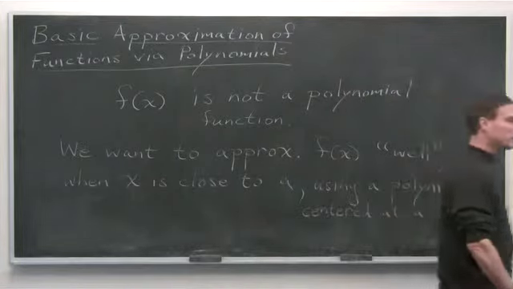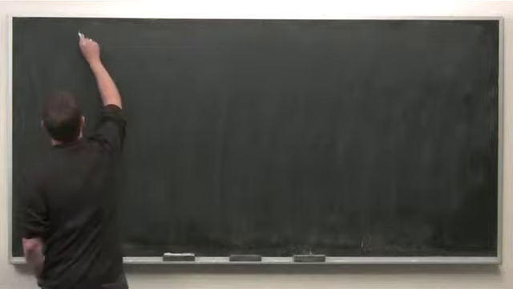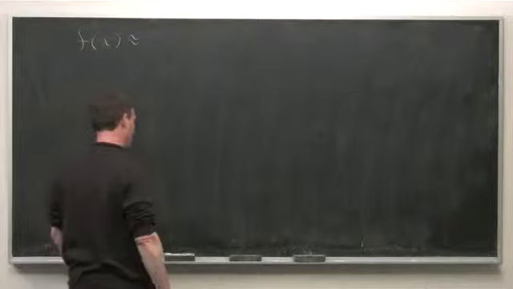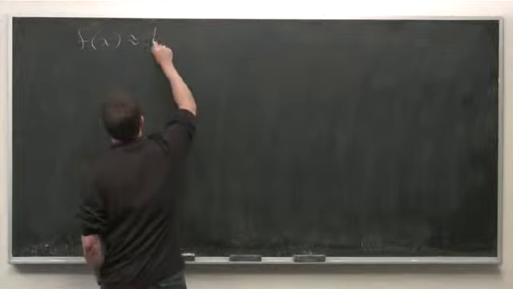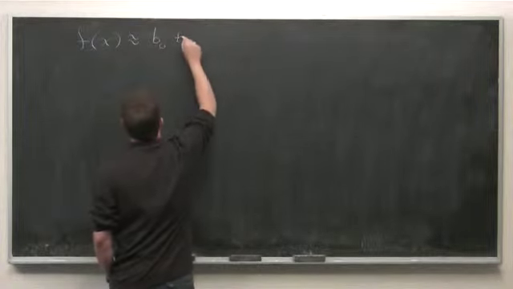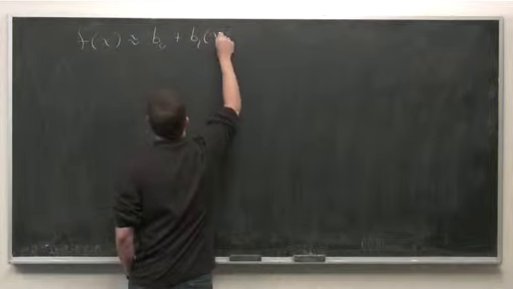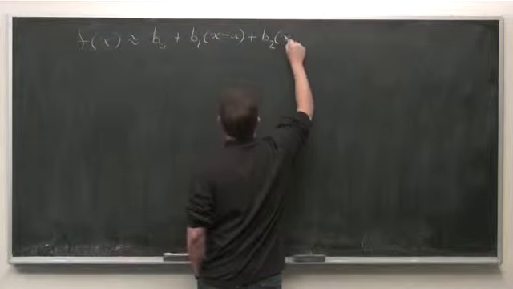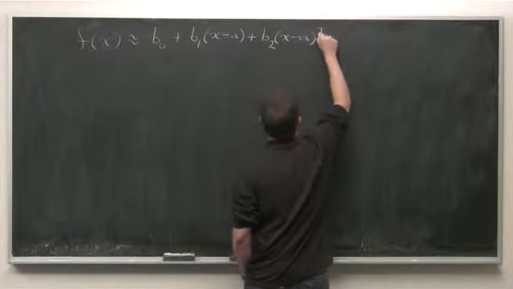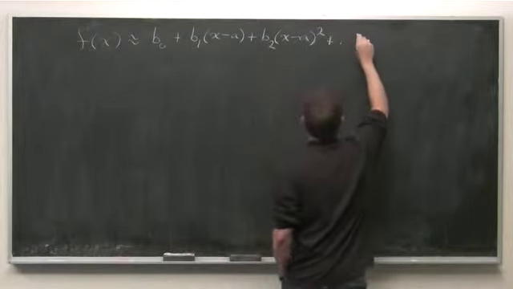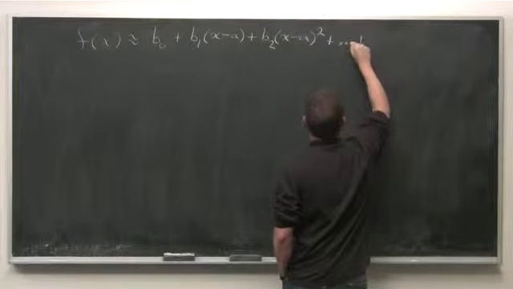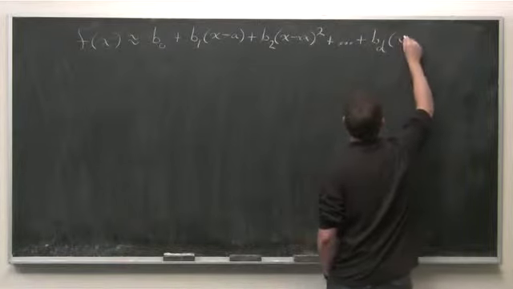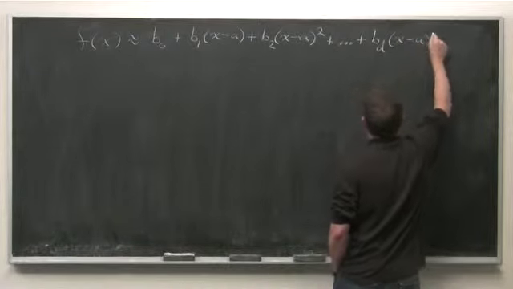So what does that mean we want? We want that f of x is approximately equal to a polynomial centered at a. So that's something of the form some constant plus a constant times x minus a plus a constant times x minus a squared, and so on, up to, well, the degree of this polynomial, assuming that b sub d is unequal to 0.